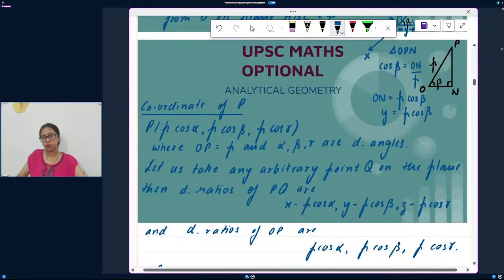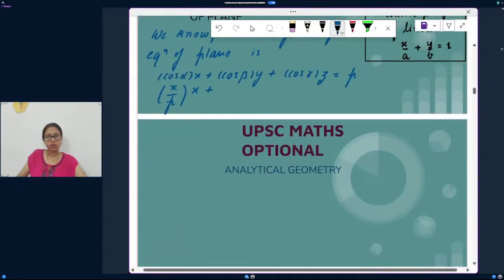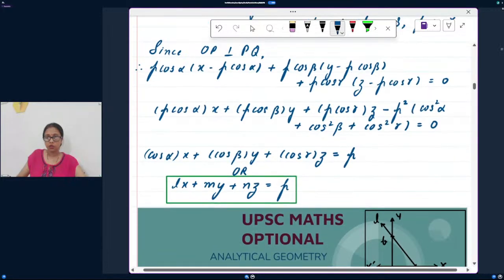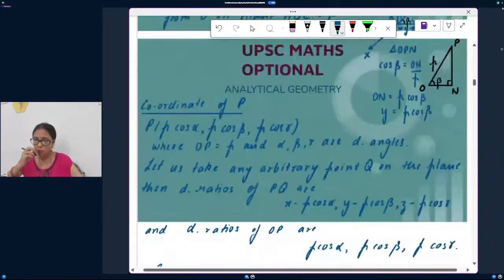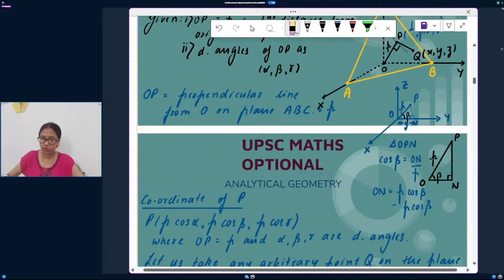Cos beta is y by p. Cos alpha is... it is coming the other way around. Just a second.